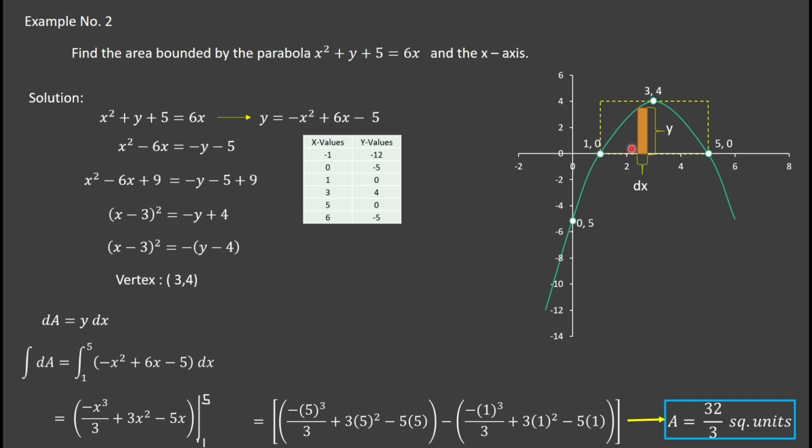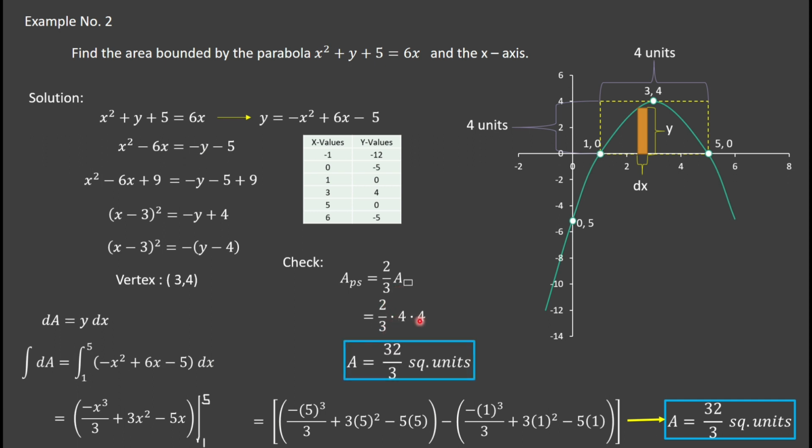In this case, from 0 to 4, the distance is 4 units. Then from 1 to 5, that is also 4 units. So by using this formula, we get 2/3 times 4 times 4, and that would be 32 over 3 square units.